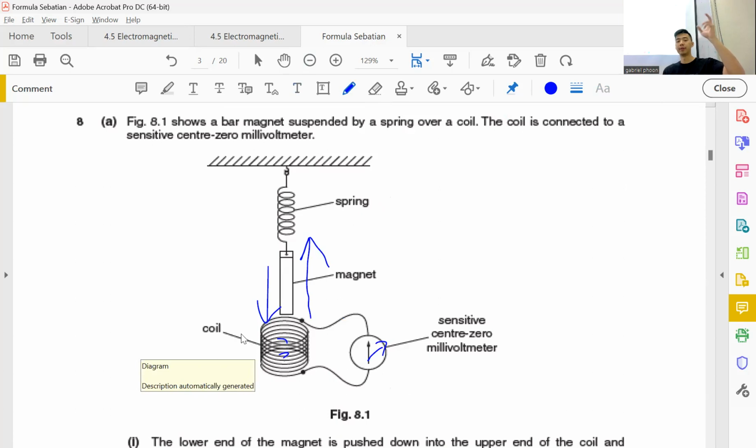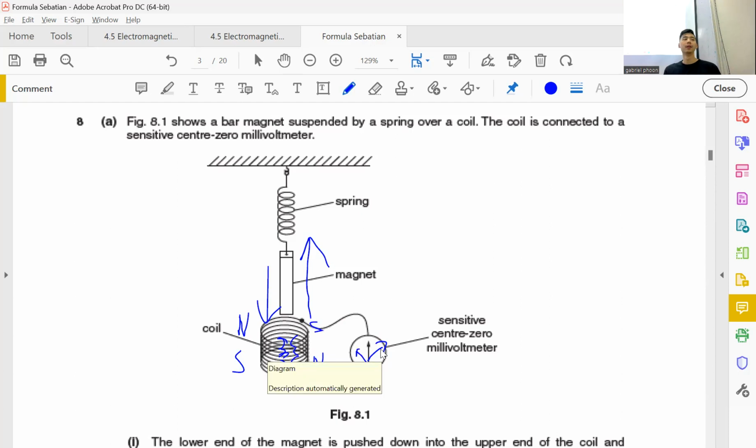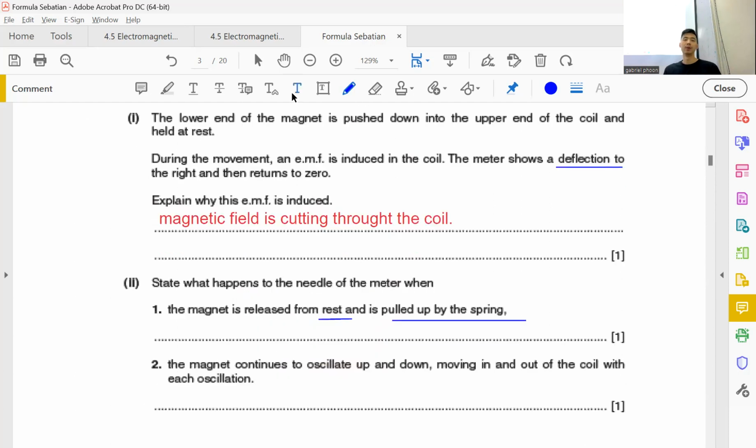Yeah, the field will reverse, right? For example, just now, if let's say here is north and south, right, and the current is to the right. Right now, if I pull it up, here will be south and north, right? Means to say the current is towards the left, and this will cause this thing to deflect in the opposite direction. Right. So that's exactly what you're supposed to write.